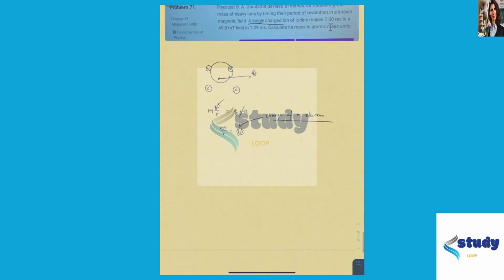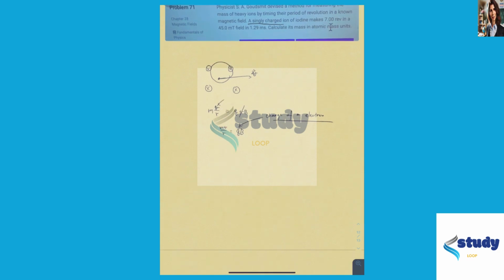If that electron was not ripped off of it, then this thing wouldn't be called an ion. The fact that it's singly charged means one electron has been ripped off of it, so it's charged, and that Q is equal to the charge of an electron, or the charge of a proton, because the magnitude of both are the same. Okay, so we do know the charge.